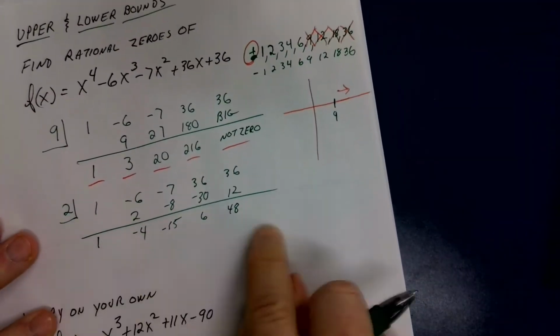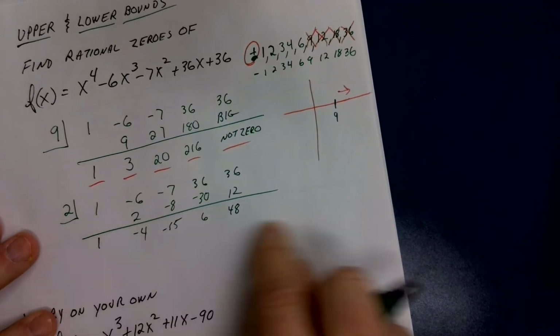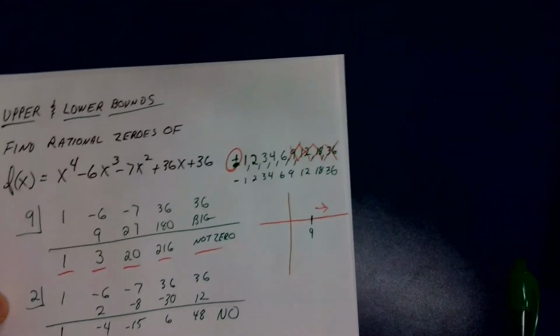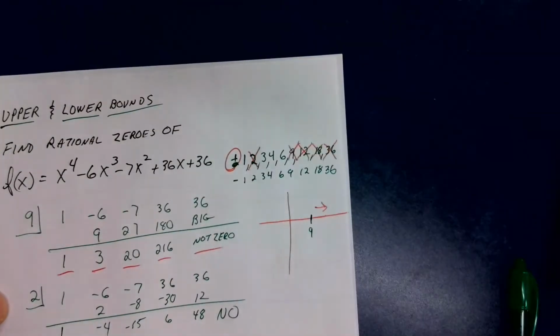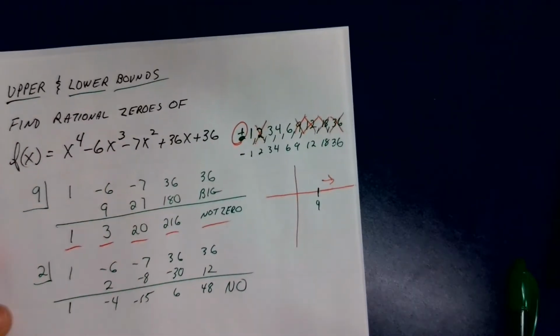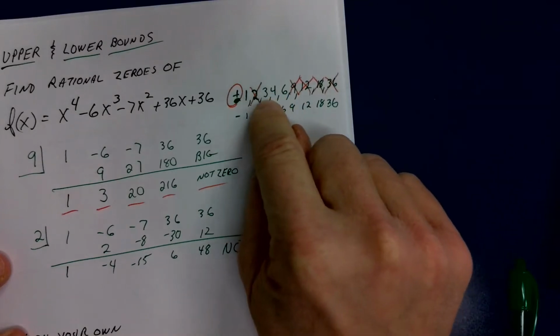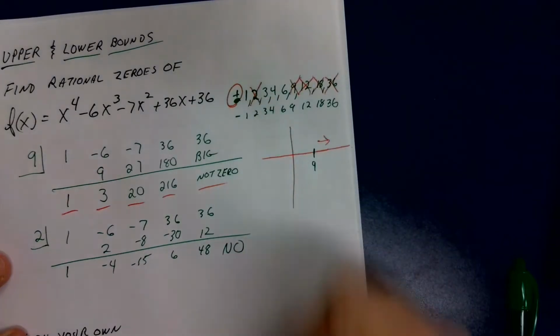Good deal. So question, are all of those non-negative numbers? And the answer is no. So even though I know 2 doesn't work, because these aren't all non-negative, this 2 can't be an upper bound, so something has to happen in this 3, 4, 6 range. Make sense?